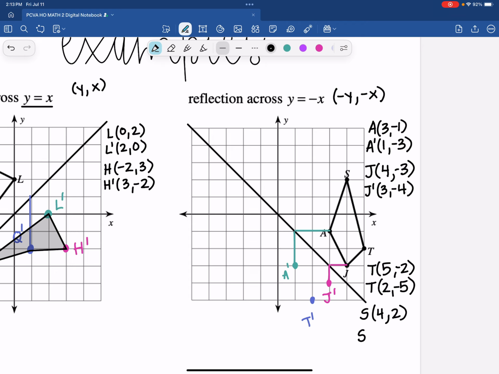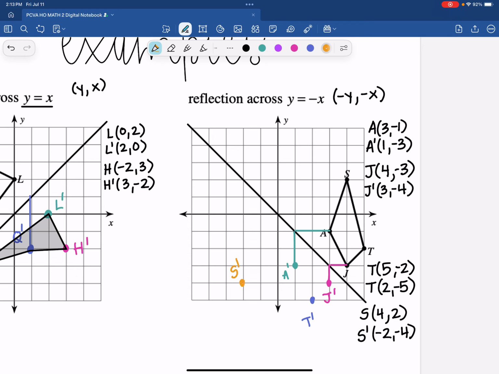So S prime is going to be located at negative 2, negative 4. All right, so negative 2 and negative 4. So that's going to be S prime.